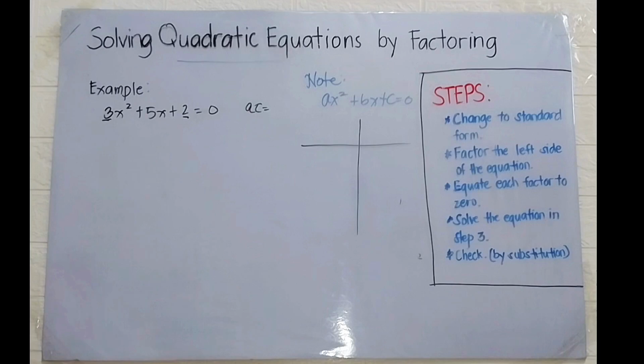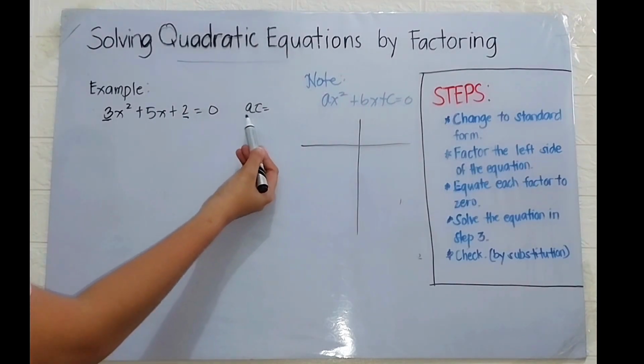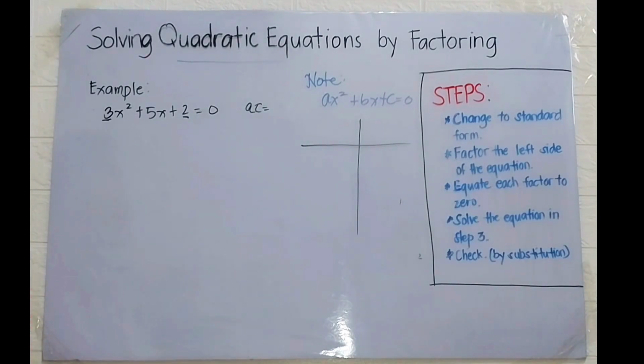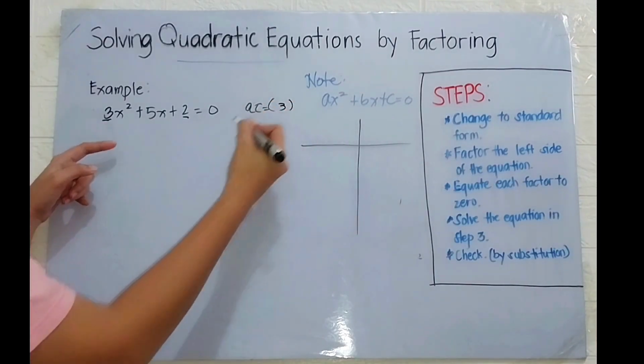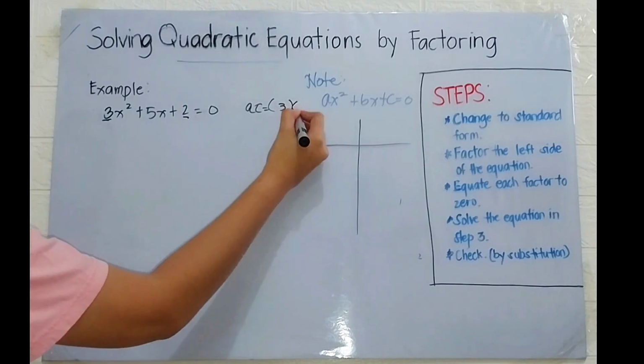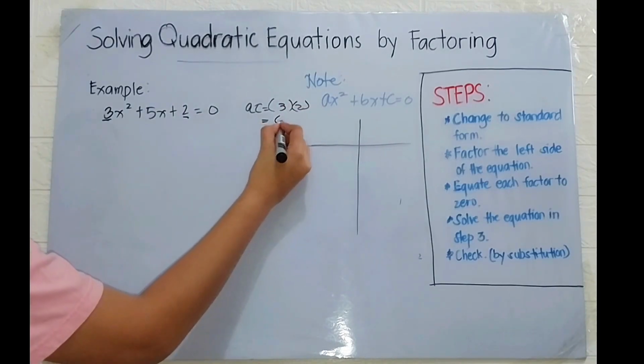So, AC means the operation between them is multiplication. Remember, every time two letters are written beside each other, the operation between them is multiplication. So, our A is 3, multiplied by C, which is 2. So, therefore, our AC is 6.